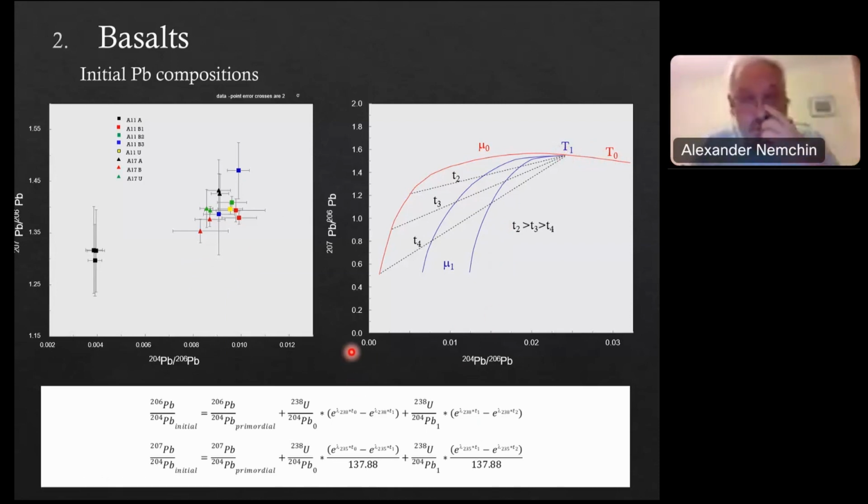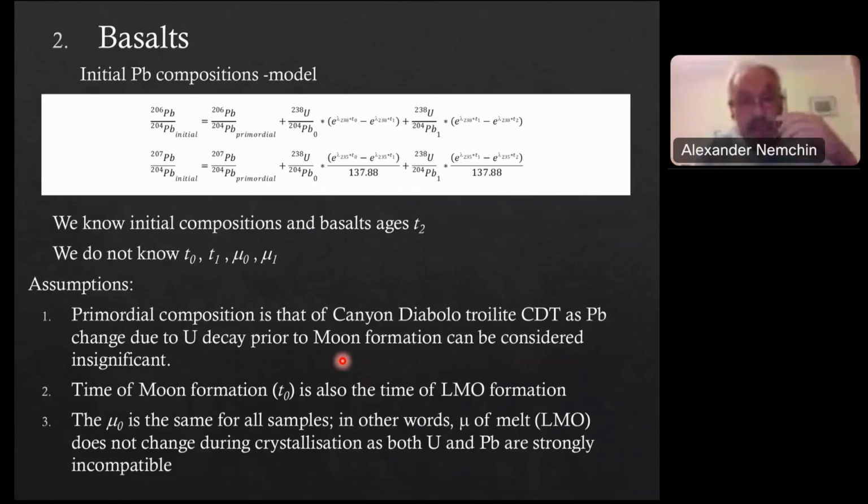Again, bringing these equations, you don't necessarily need to worry about it. We're looking at 3 stages, but we can rearrange these equations. And within that system of 2 equations, we know initial composition of all our basalts, and their ages. What we don't know is the time of formation of the moon or lunar magma ocean.